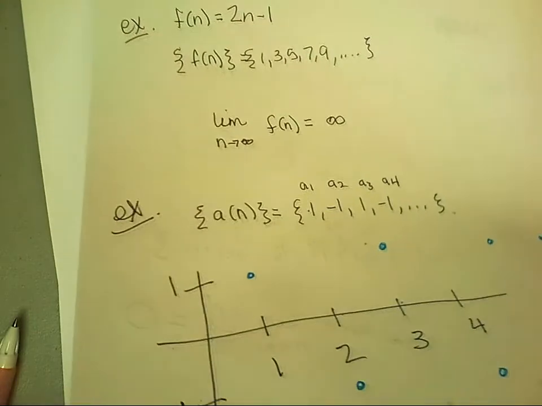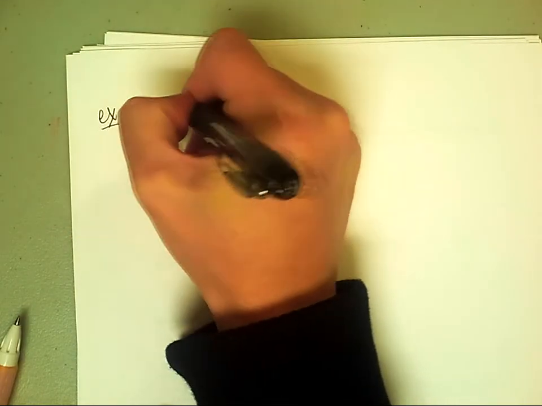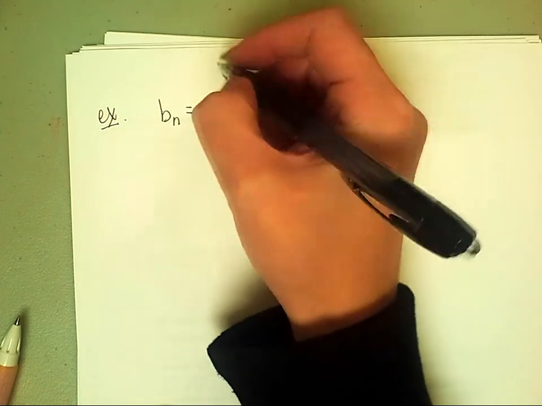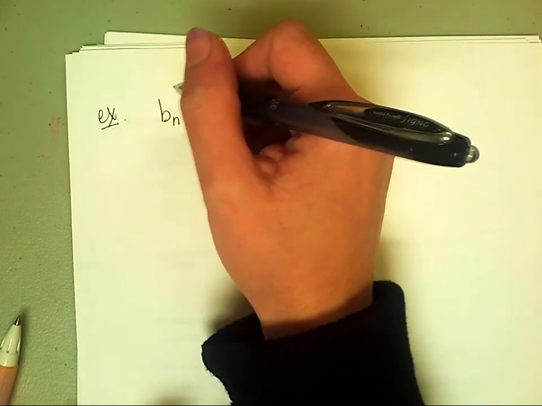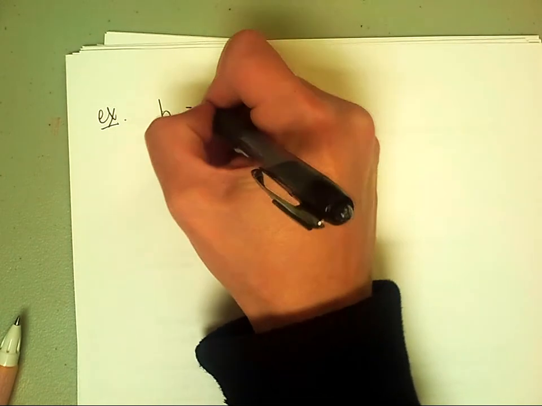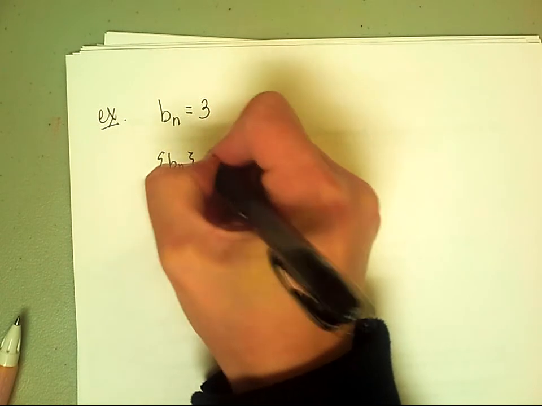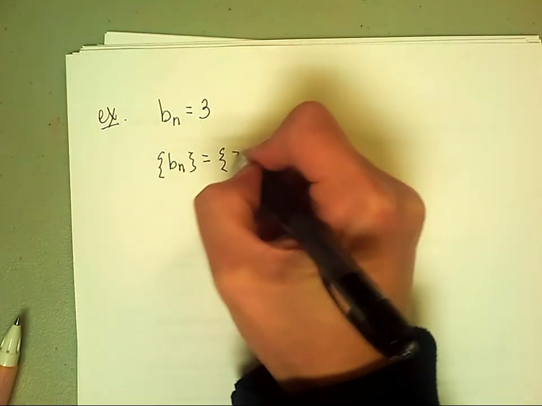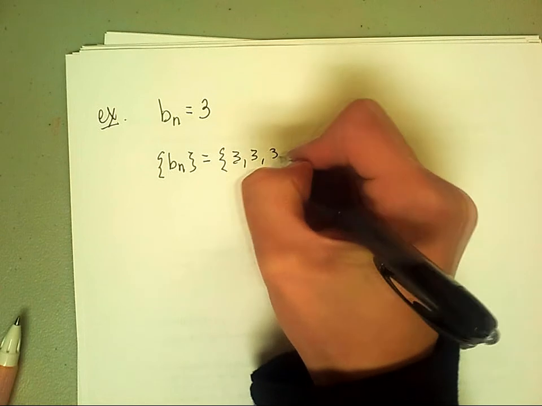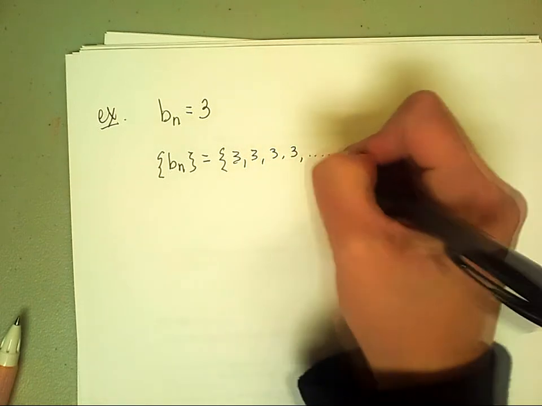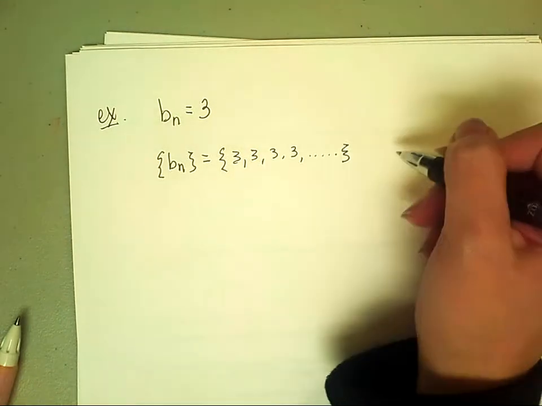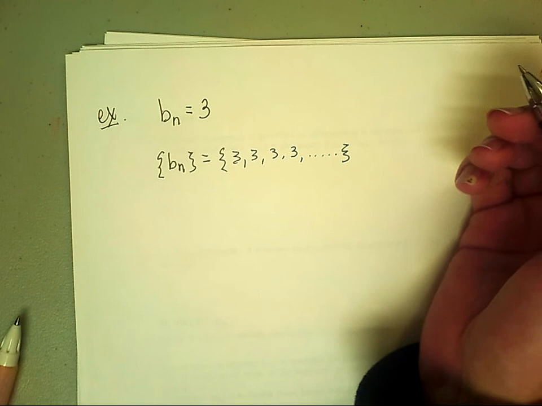And so, again, this is divergent. All right, and then there's some tricky ones. Let's say I have a sequence b sub n, which is just equal to 3. So what sequence is that? Well, the sequence that generates is simply just 3 repeating. So will the limit exist for this function?